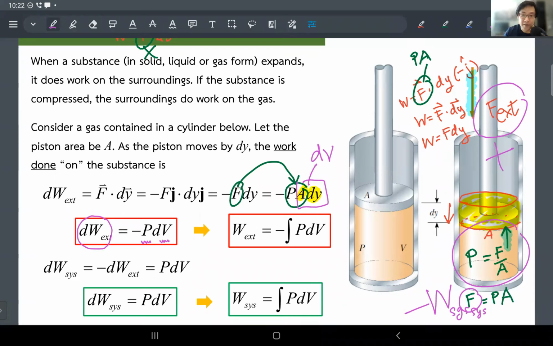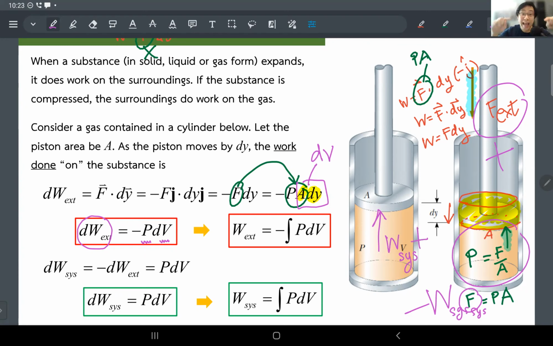Okay, one more time. I'll explain in the opposite sense. Let's say you have a gas and the gas is expanding. That means the gas is pushing up the piston, so the gas is doing positive work. You guys with me? So if this gas is pushing up, the gas, which we now call the system, is doing positive work.